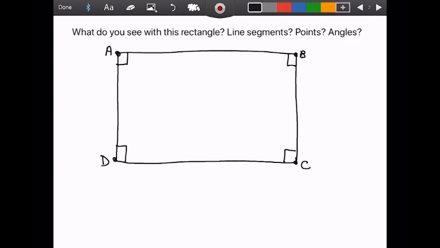So can you find some endpoints or points on this? I'm hoping that you notice that we do have some endpoints or points, and they are A, B, C, and D. So we have those 4 points on the corners. And then can you notice any line segments?